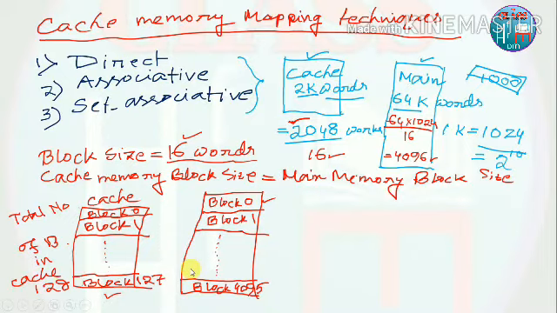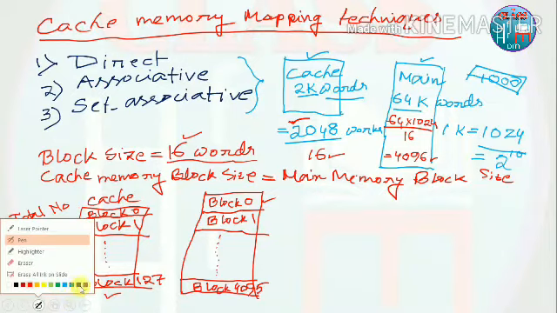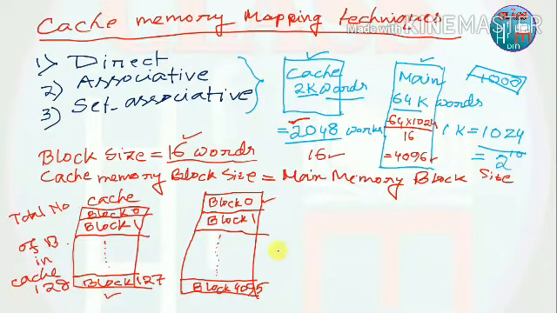So your cache memory and main memory will be divided into this different number of blocks. Clear? So now here, what will be the main memory address in this mapping technique?